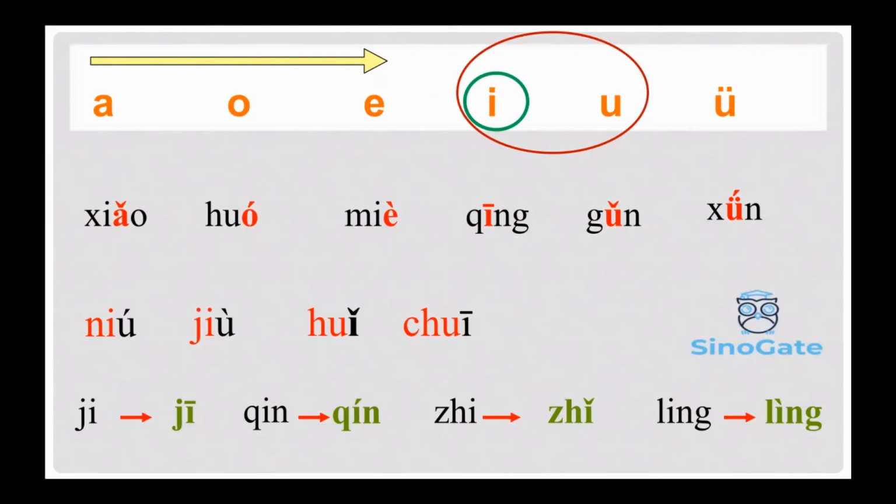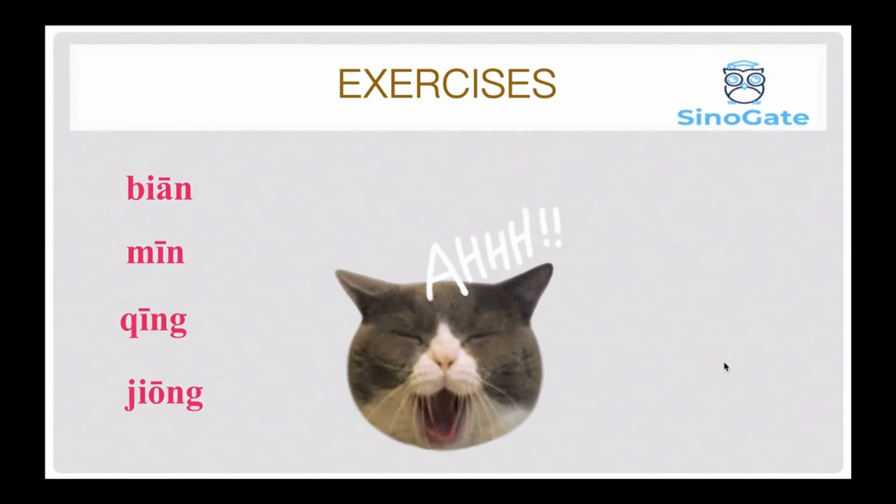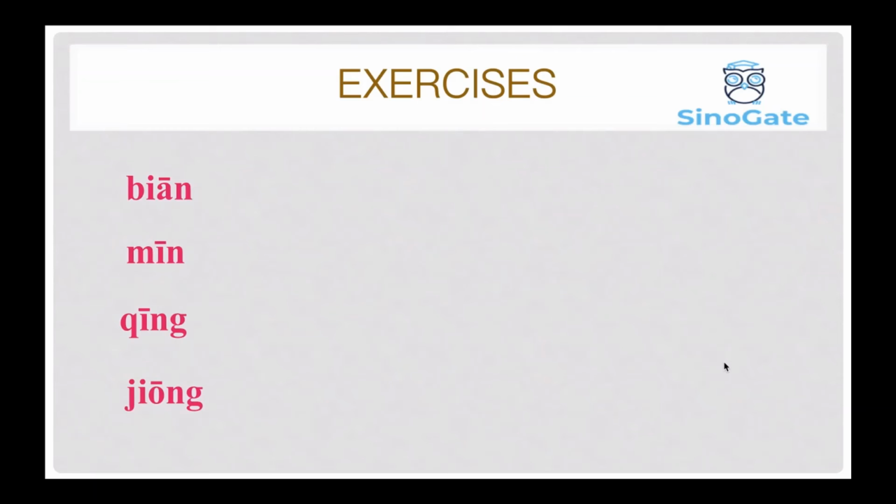The last part of today, let's do a little bit of practice with the pinyin. This time we will have all of it, the initials, finals, and tone marks. The exercise is, first group, can you try to pronounce it by yourself by looking here? 边, 明, 清, 中.